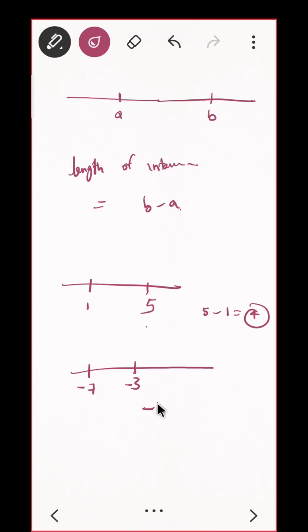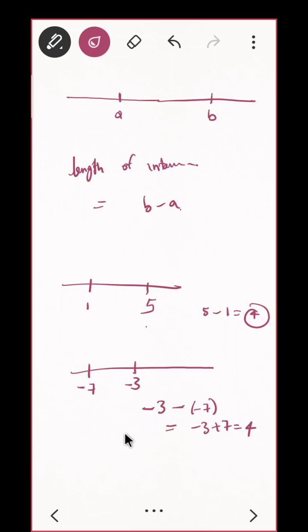Yeah, minus 3 minus of minus, and if I'm putting that, it is b minus a again. So this is minus 3 plus 7, that is 4. Correct? Am I correct? Yeah, good. So what do you see again? The length is b minus a.